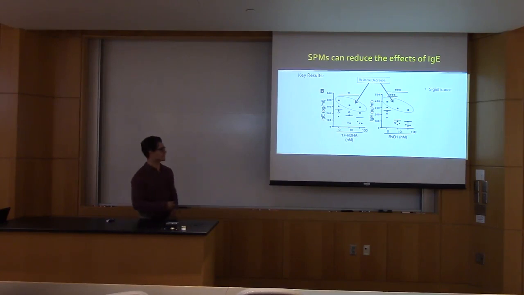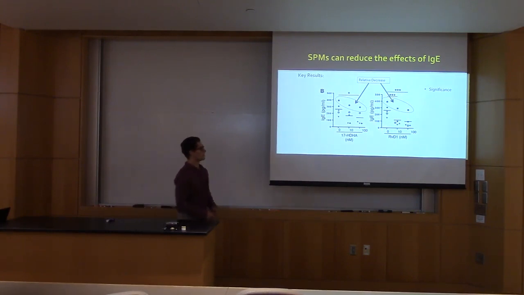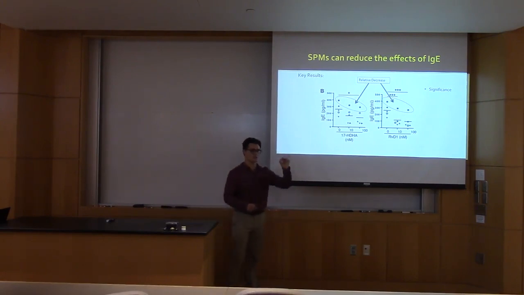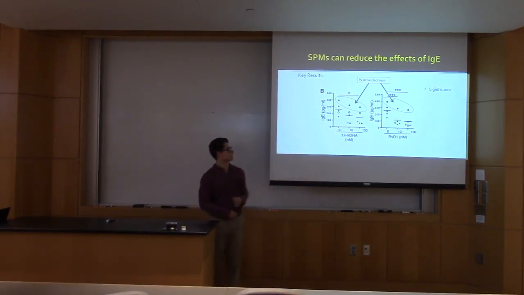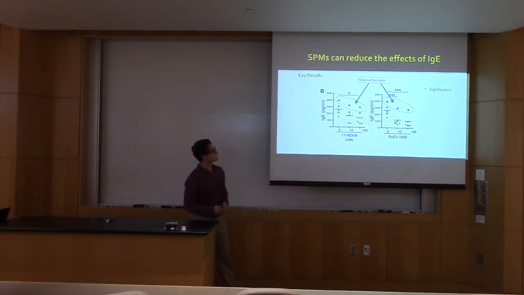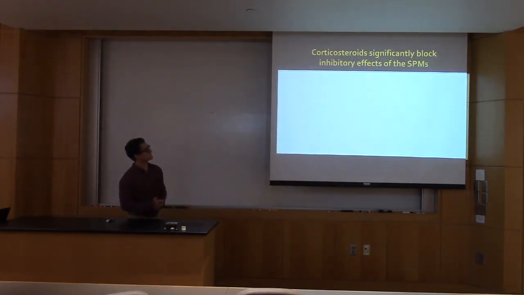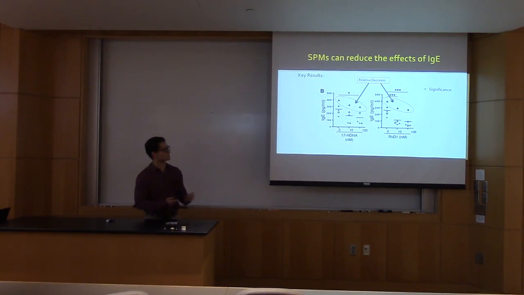And the significance, basically meaning that this line states that from no treatment to full treatment, there is a full significance. And we can see from no treatment to partial treatment, there is some significance, as well as none to full. And again, the symbols, like the square, are representing one person, just so you guys don't get confused about that, because I know it's kind of confusing. So SPMs can reduce the effect of IgE production. So that was the conclusion.